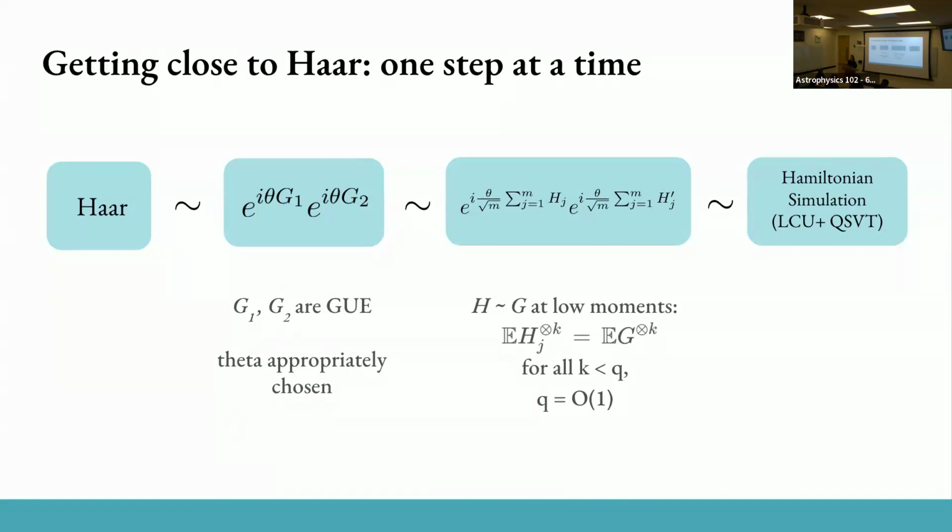By measurement, you mean like measurement-based computation? Just like I can measure a qubit and change what I do, and that gives me some capability that I don't have just with unitary evolution. The adaptivity? No, for simulating.